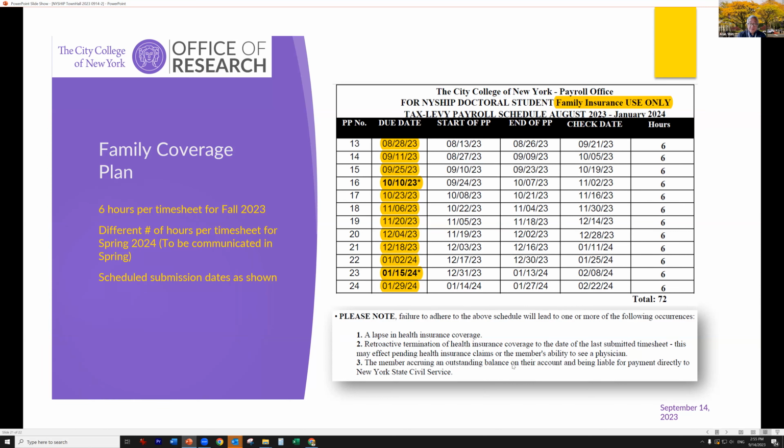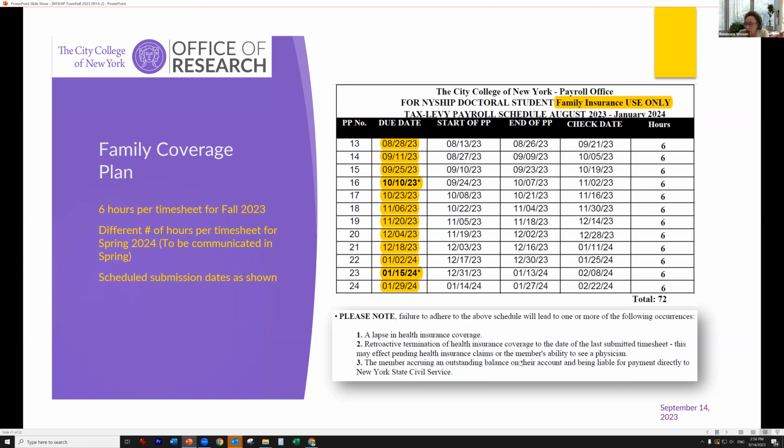Again, that is due to the timesheet not being submitted timely or accurately. It has caused some confusion and issues in the past, so we certainly advise timely and accurate submission of timesheets to avoid these kinds of issues.